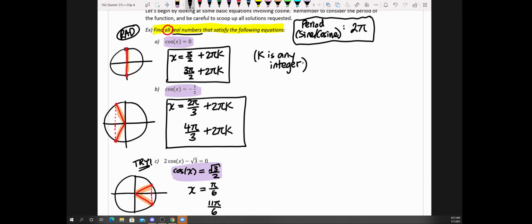It would be adding 2 pi k to each solution. Yes. So for sine and cosine, where the period is 2 pi, adding the 2 pi k to each solution will generate all of the coterminal angles that are also solutions.